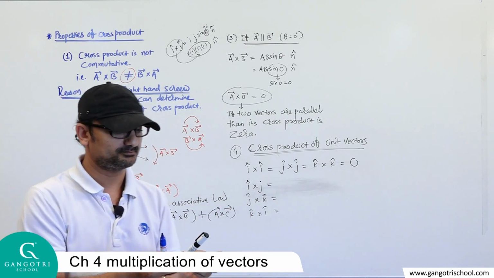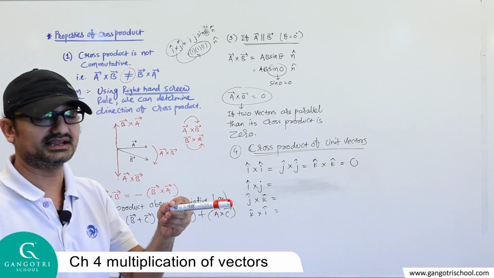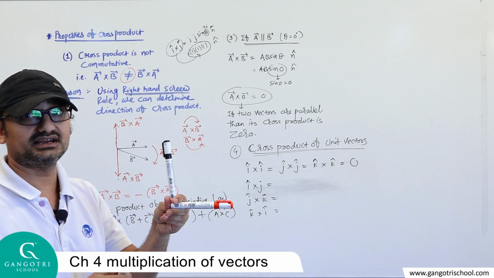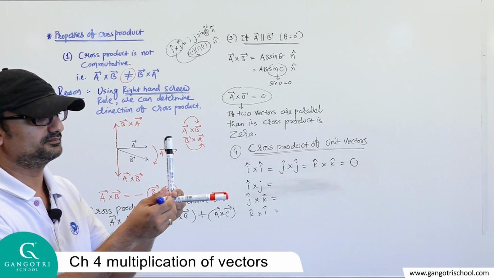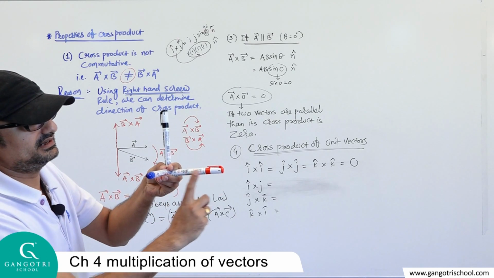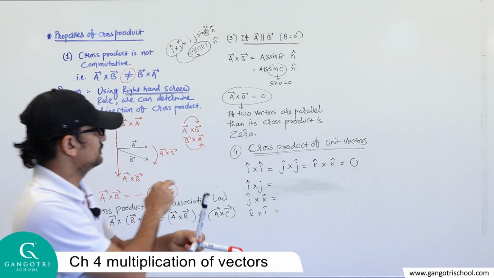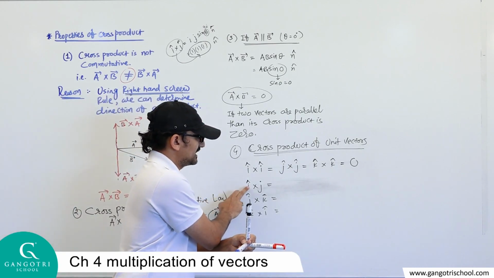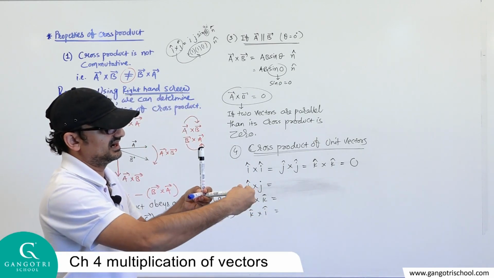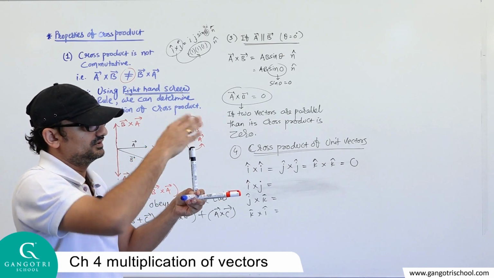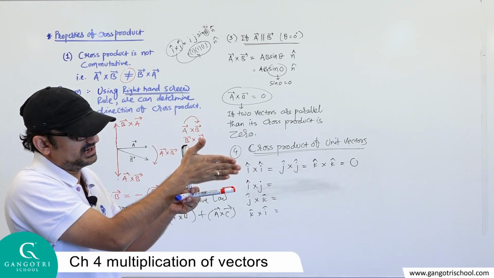Consider this is i caret, this is j caret, and this is k caret. We would like to find the direction of i cross j. This is the plane made up from i and j.